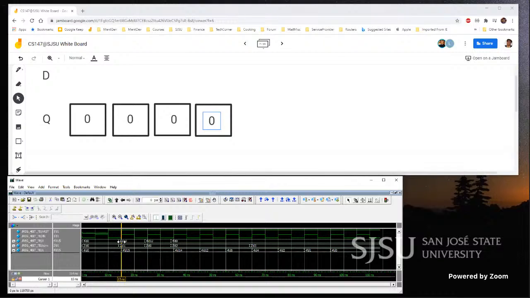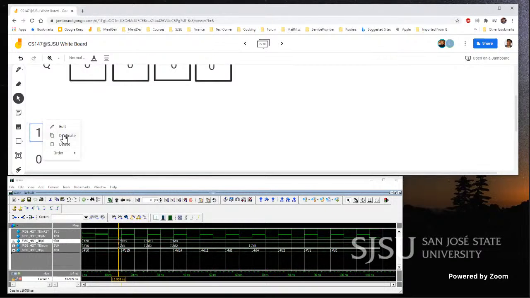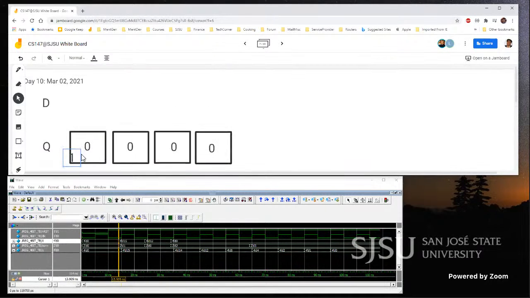Now at this time point, we changed D to 15, and it's a load operation. So D to 15 means it's all 1s: 1, 1, 1, 1. This is the binary representation of 15, and we load it.